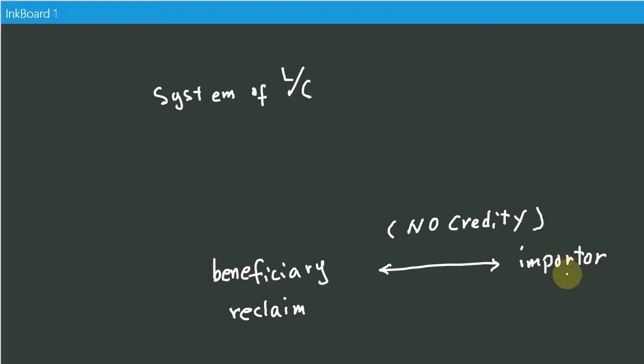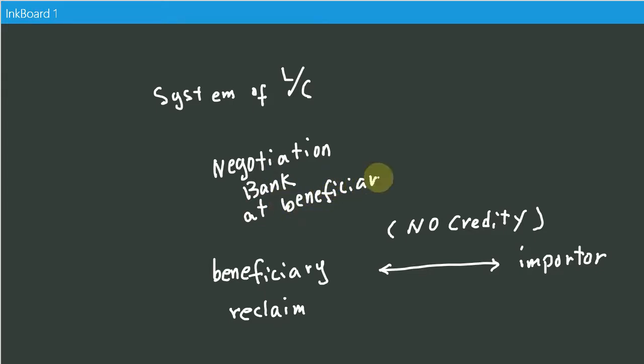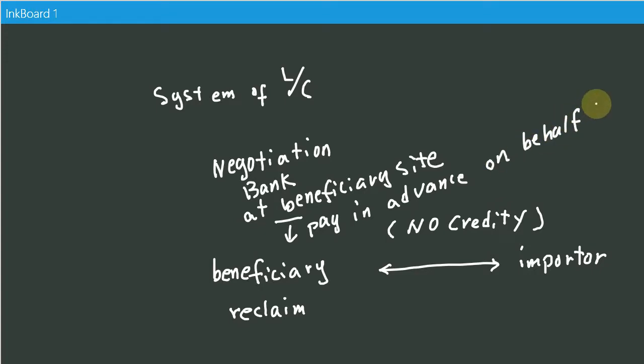So instead of the import, the negotiation bank, usually at the beneficiary side, pays in advance on behalf of the import.